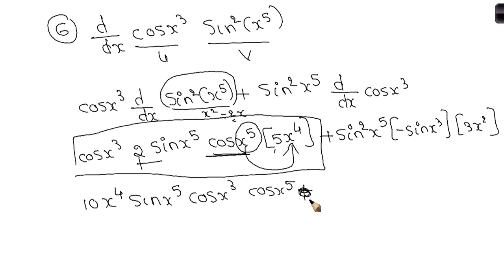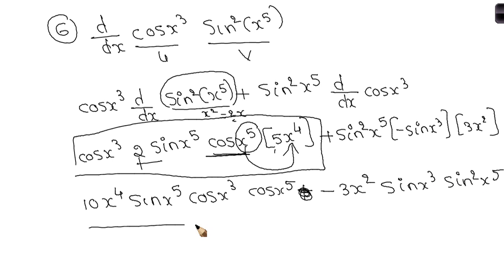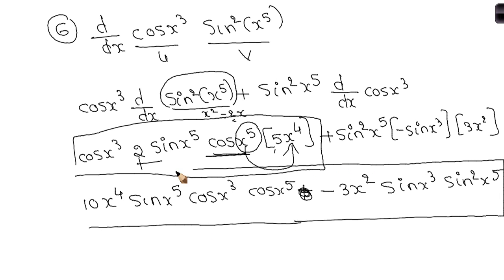Plus into minus becomes minus 3x square sin x cube into sin square x power 5. This should be the derivative of cos x cube into sin square x power 5. We can go through this for a few seconds so that I can solve the next question.